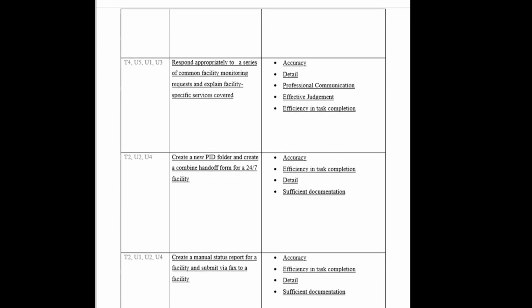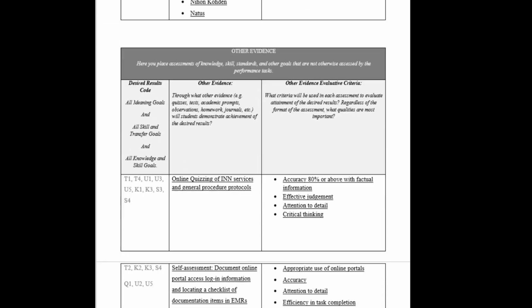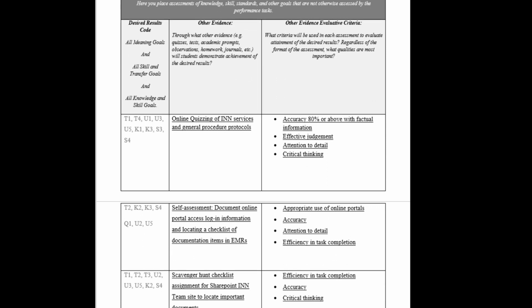As I'm scrolling down, I'm going to the next section, which is providing other evidence. In addition to your performance tasks, this is another area to plug in a few assessments where your other knowledge, skills, standards, and other goals weren't given an opportunity to show that they've been met in the performance task. It's the same idea: you put those desired results codes in the left-hand section and then provide an example or another assessment.